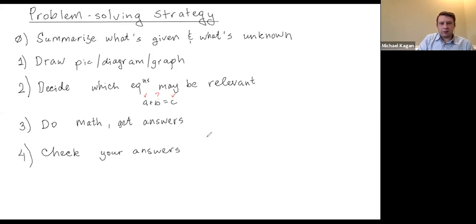So what does it mean? So for example, in math, when you solve equations, the way you check them, you just plug things back in. That's fairly straightforward, and this is pretty much all you can do in math. In physics, there are many more ways to control whether your answer makes sense or not. And we'll discuss those things.